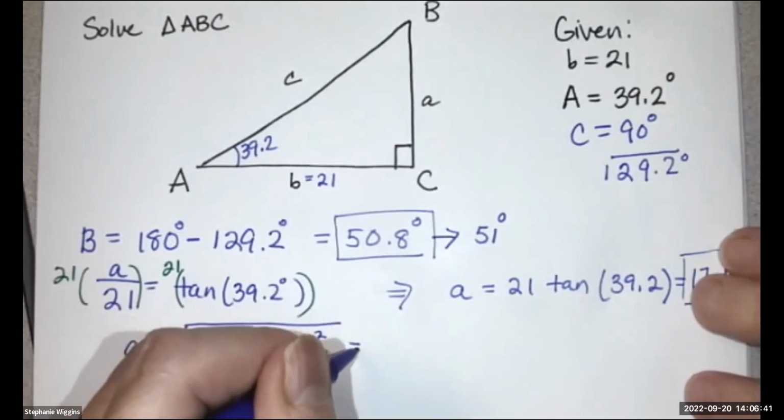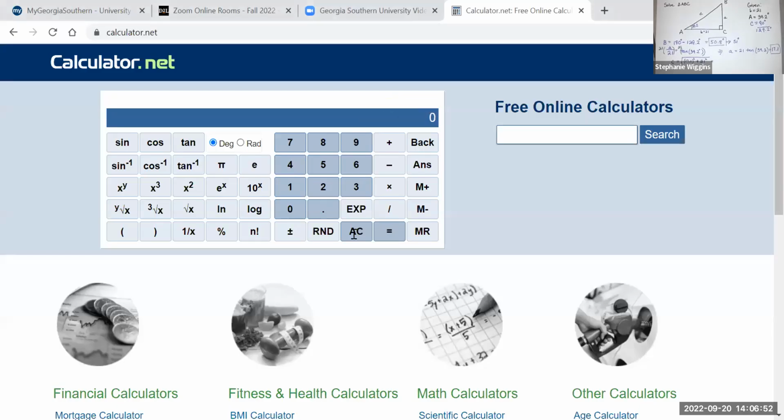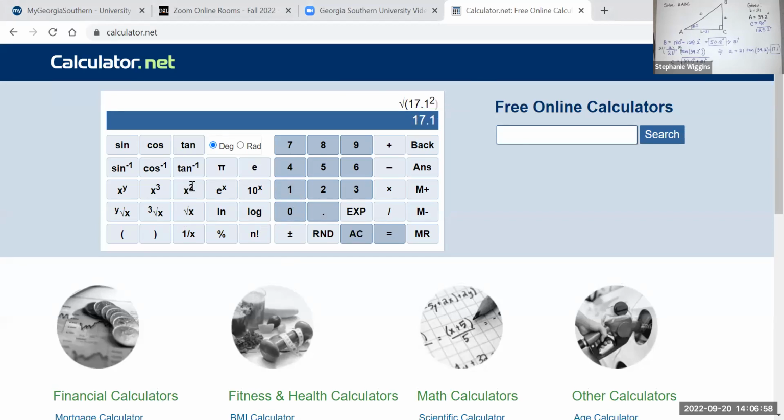So 21 squared. Let's just double check to make sure my answer was correct. I'm going to take the square root of 17.1 squared plus 21 squared, and that's 27.1.